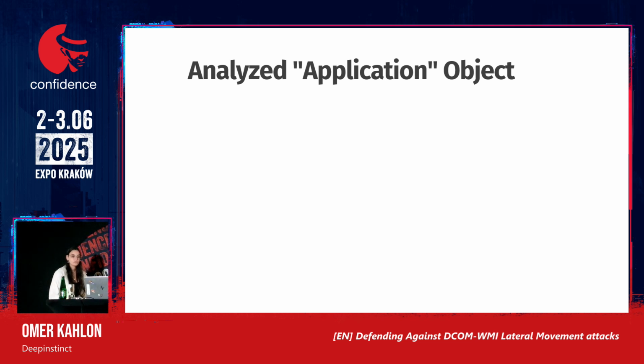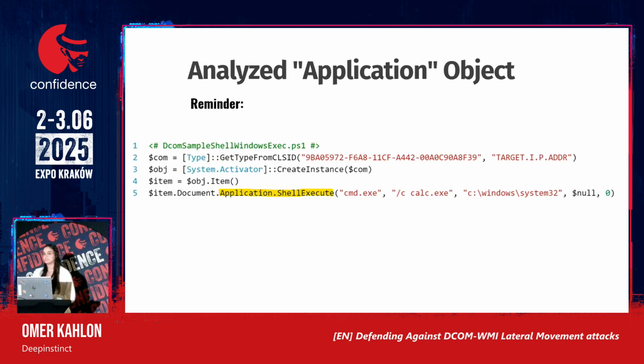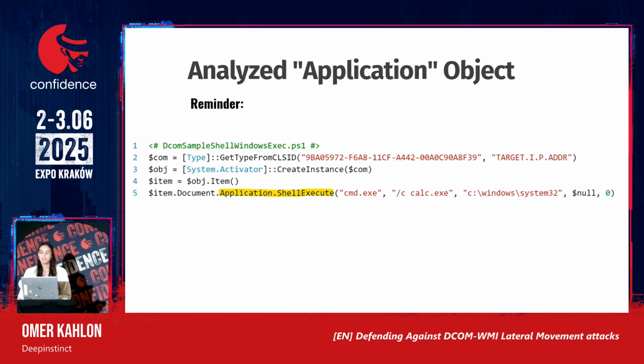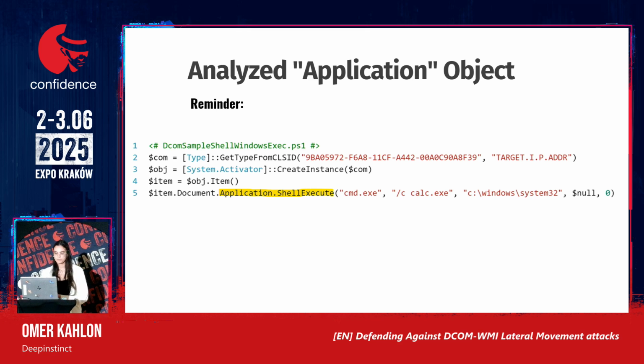The reason we need to do this conversion is because our goal is to investigate the Application object in memory, because it provides the ShellExecute method we would like to block. And the second step is to investigate the code that ShellExecute points to. And this is best achieved using C or CPP.